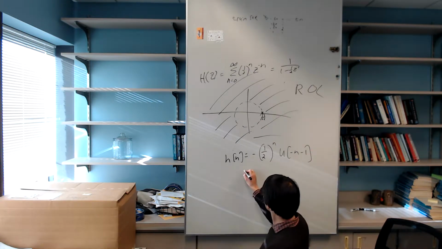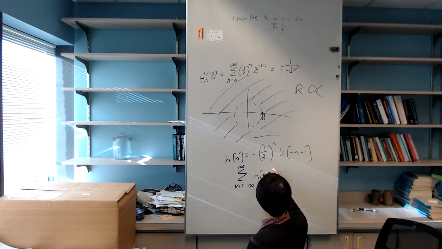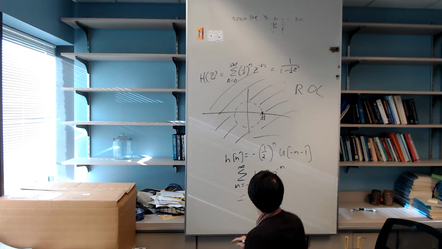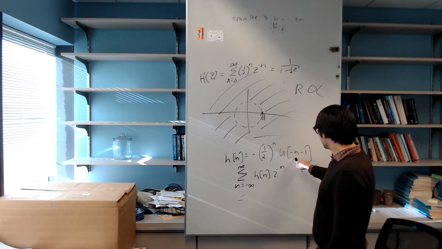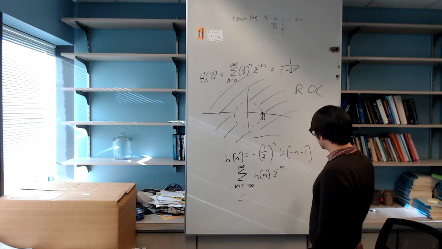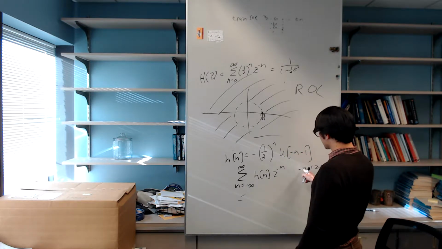Let's work through why that's the case. The sum of h of n z to the minus n, and we plug it in. What do we do here? We change the bounds. We need what's in here to be non-negative, so we need negative n minus 1 greater than or equal to 0.